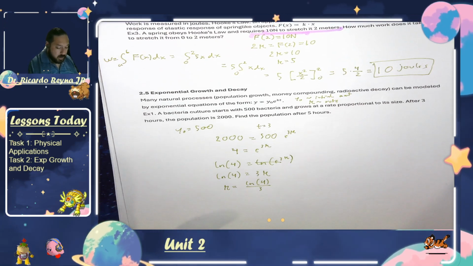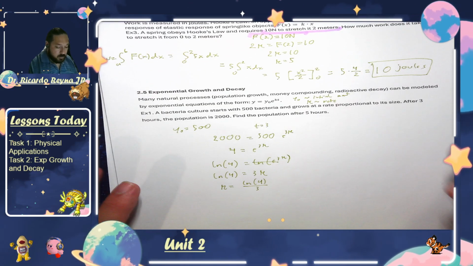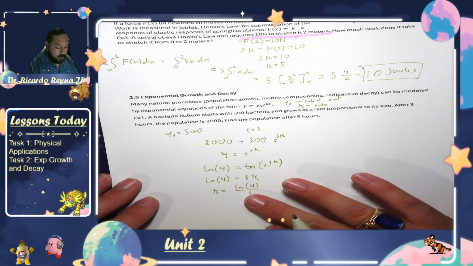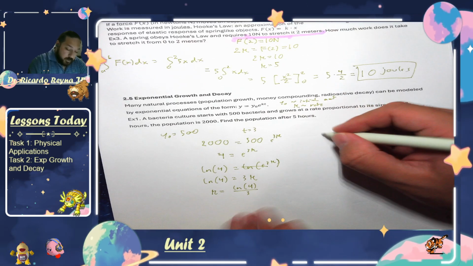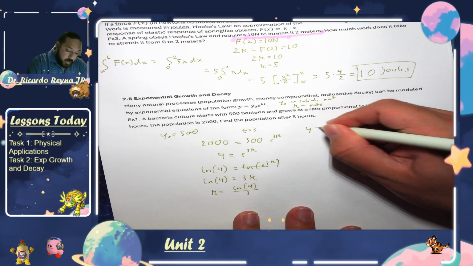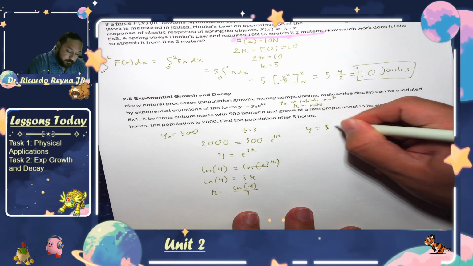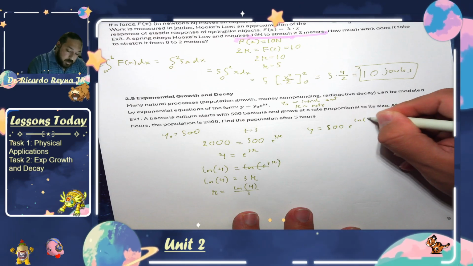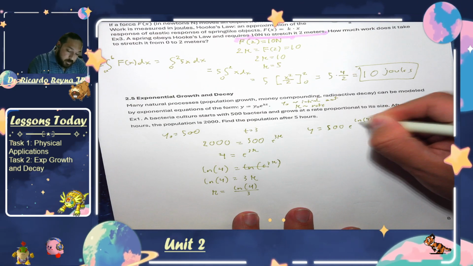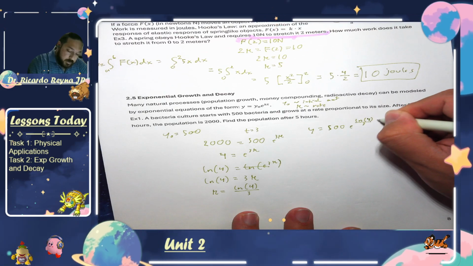Now, technically, I'll do simplification right now. So that means our function is y is 500 e to the ln of 4 over 3 times t.